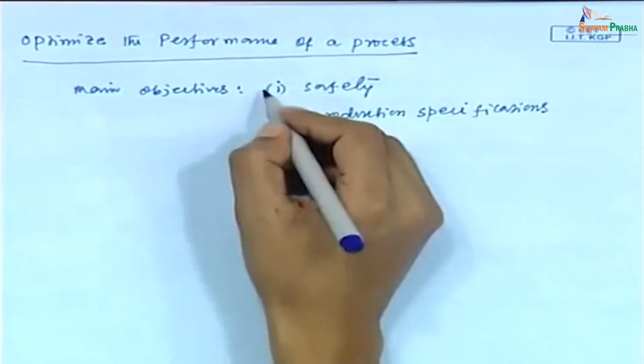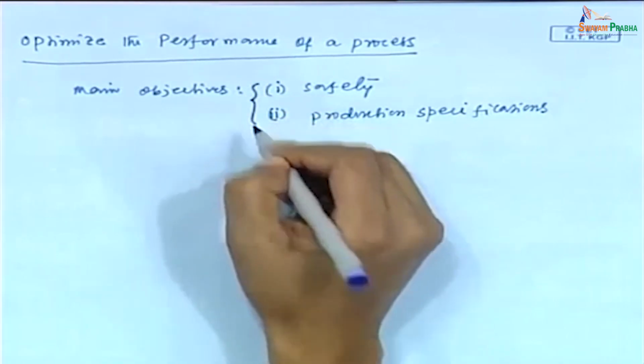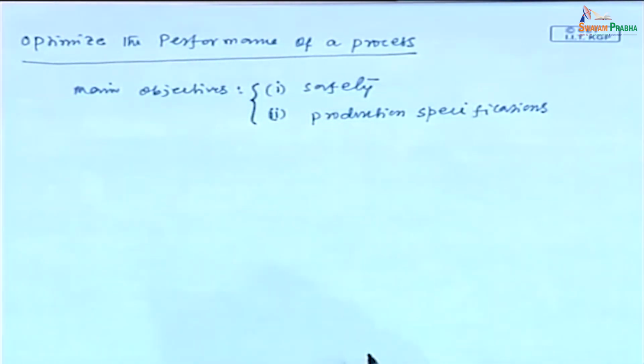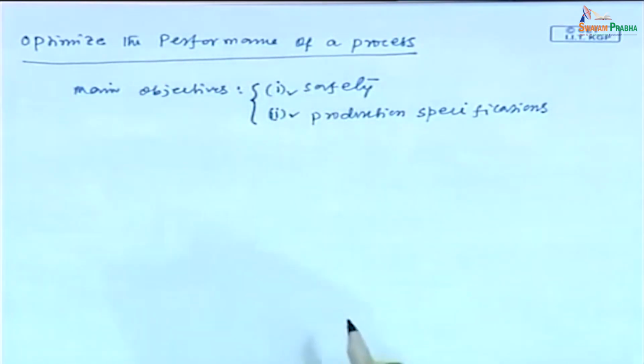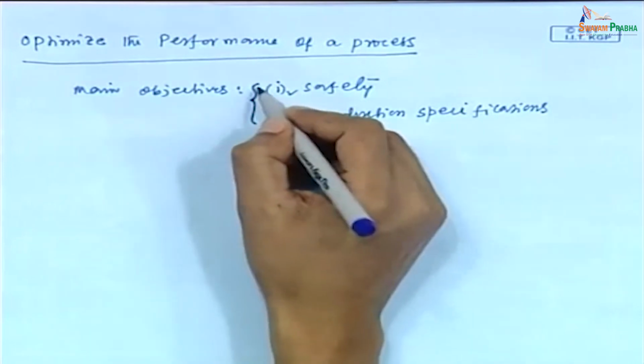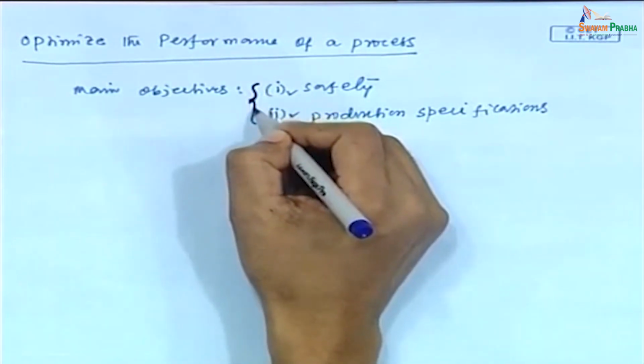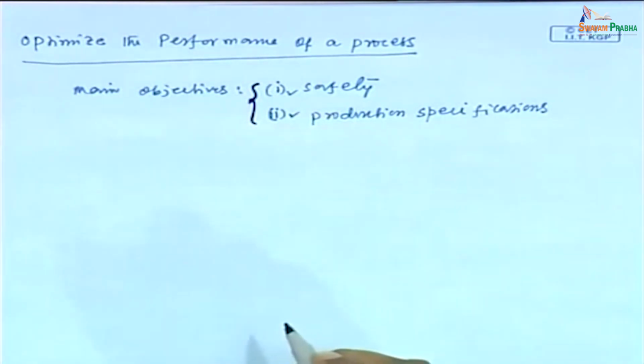Once these two objectives are achieved, the next goal is to make the operation more profitable.